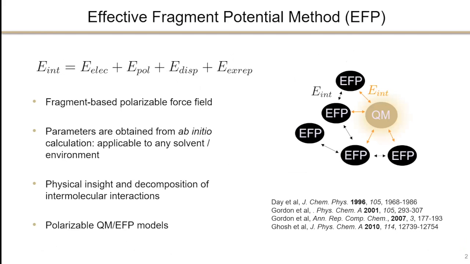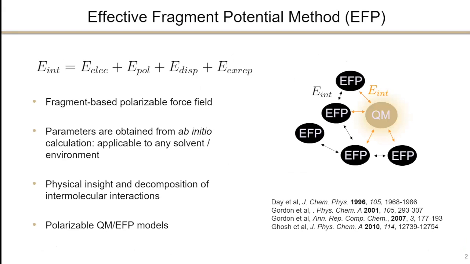Let me first get started with the effective fragment potential method, EFP. The effective fragment potential method is an ab initio fragment-based polarizable force field. The parameters of these fragments are obtained from ab initio calculations.